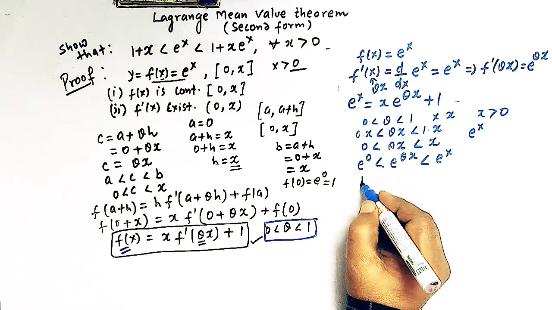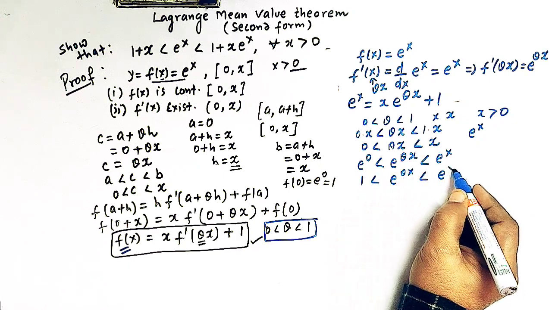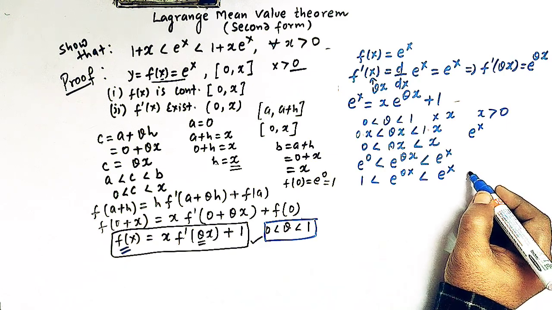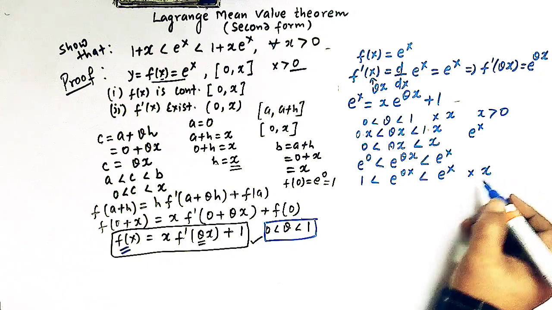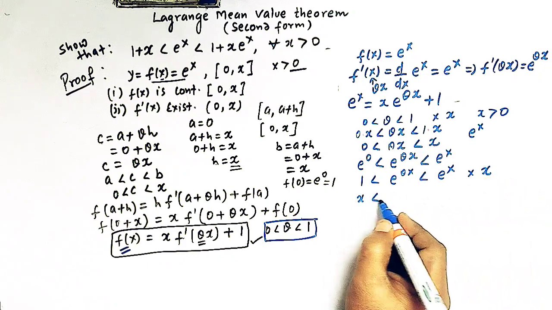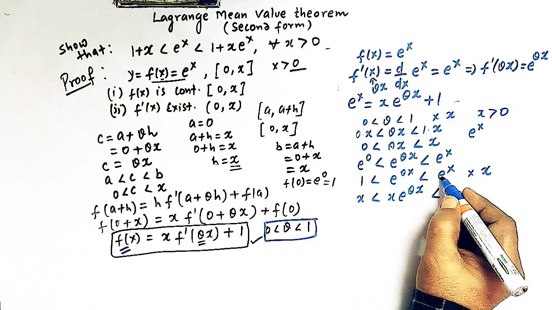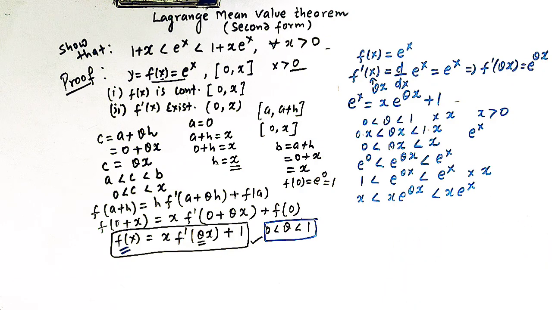So now e raised to 0 is 1, then we have e raised to theta x, here we have e raised to x, right? Okay, now let us again multiply this inequality throughout by x. So here we have x, and then we have x e raised to theta x, and here we have x e raised to x.